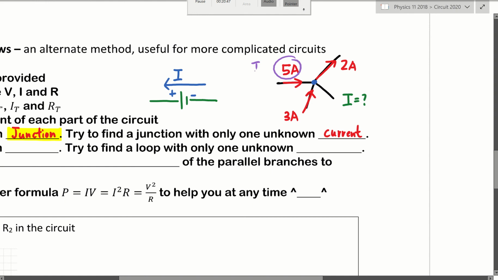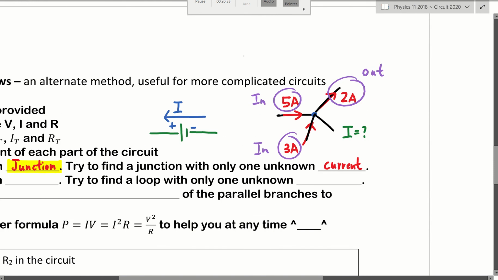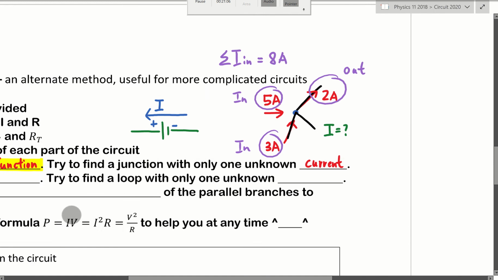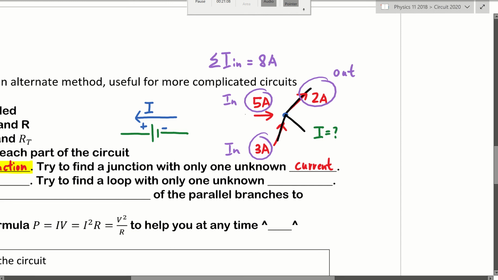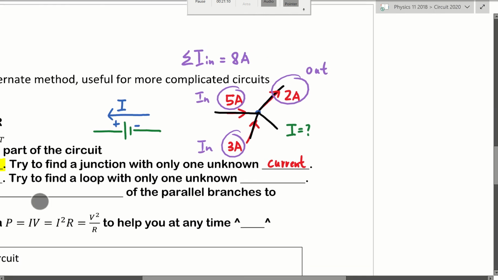Now, this is going in. This is going in. That's going out. Okay, so what is the total amount of current going in? The total amount of current going in is 8 A, right? 8 amperes, a 5 and a 3. Now, the total amount of current going out right now, for example, is how much? 2.